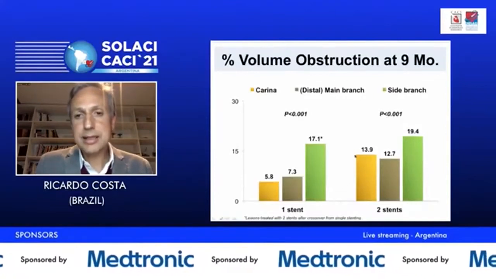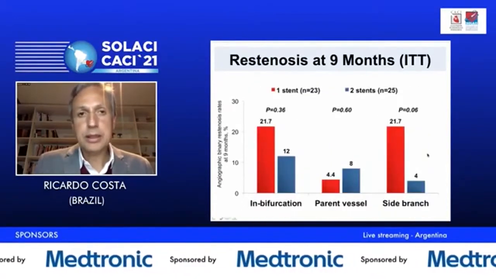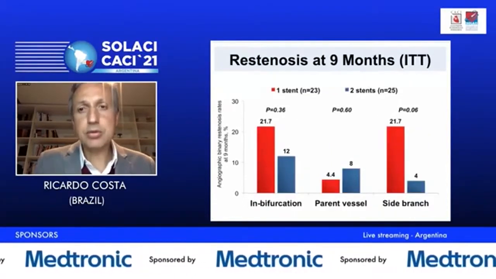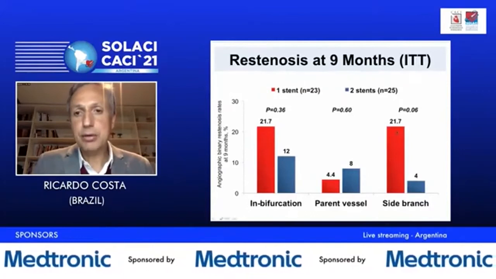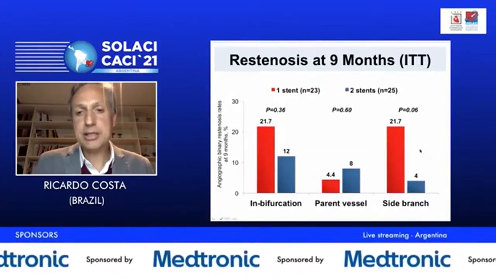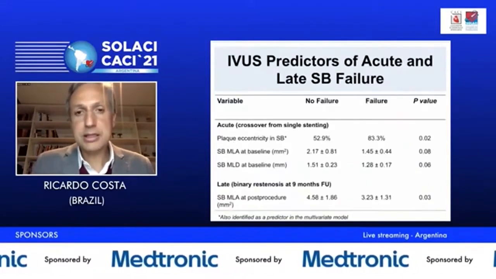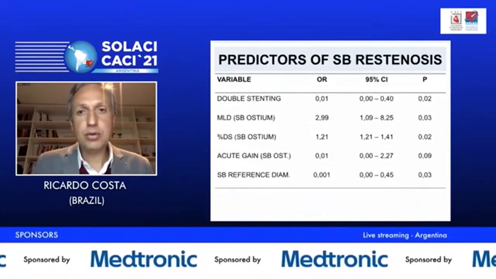That makes us think that when we implant two stents, we have different results in the late follow-up. The results were not different in the side branch after 9 months, but there is a trend to have more stenosis in the late follow-up.